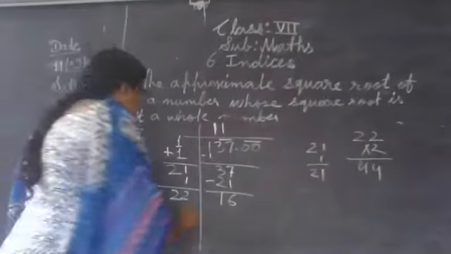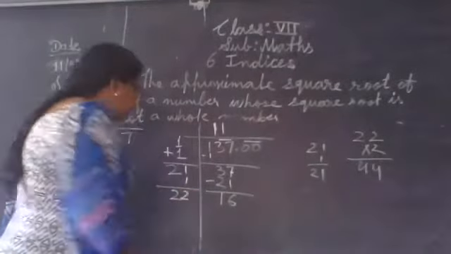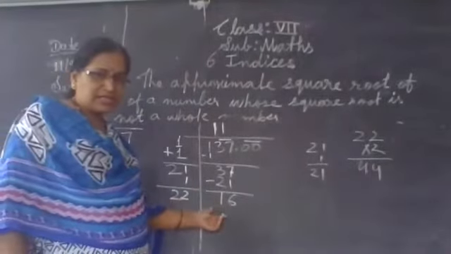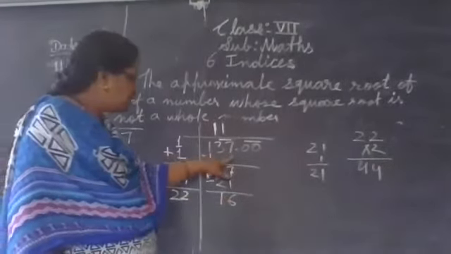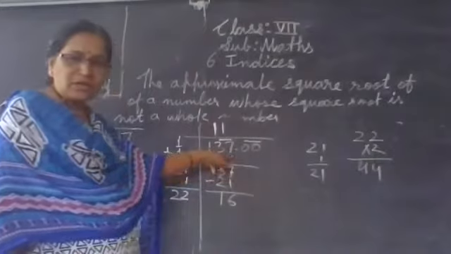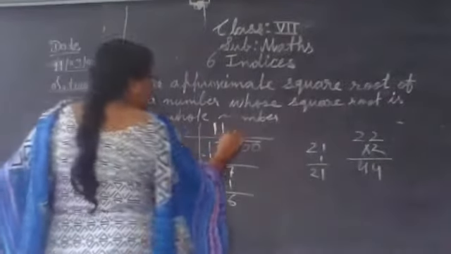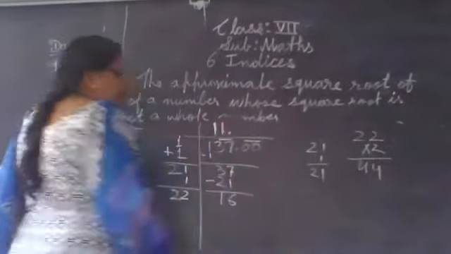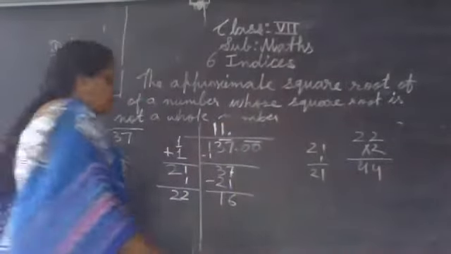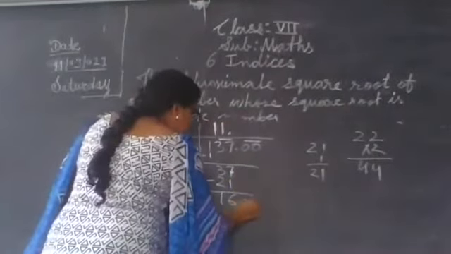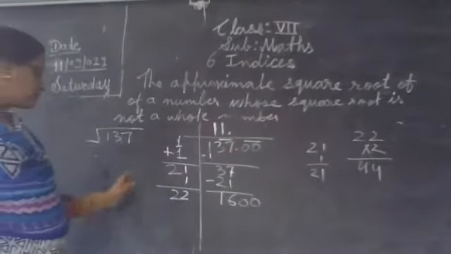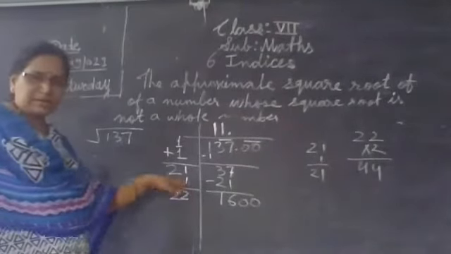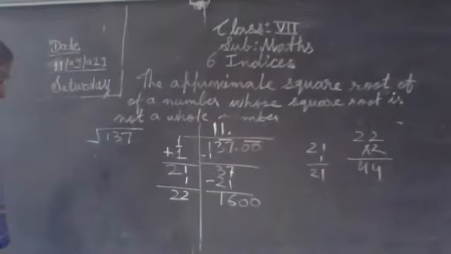See, now our divisor is 22, but here is 16, so we will bring down this pair. But see children, here the whole number is complete, division is done. So put the decimal point, and then bring down this pair. So 22, and now write another number and multiply it with the same number.